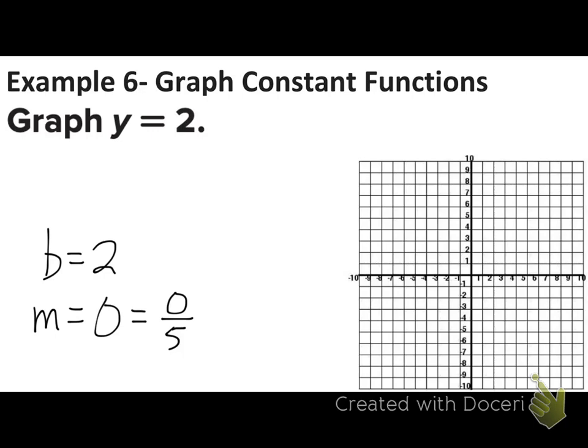So, graph the y-intercept first. Put a point at 2 on your y-axis. We know it's going to be a horizontal line, so I could just draw a horizontal line right here through there. Let's look at it with the slope, though. The rise is 0. So do I have any vertical movement at all? No. So I'm not going up or down at all, but I'm going right 5.